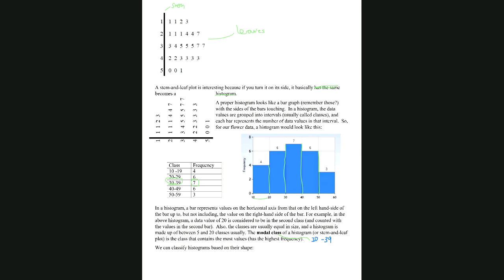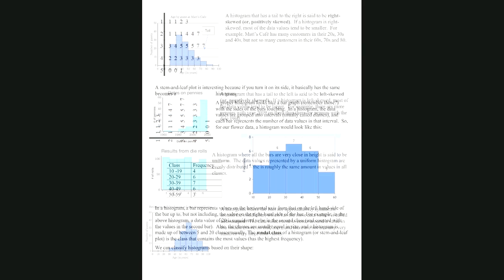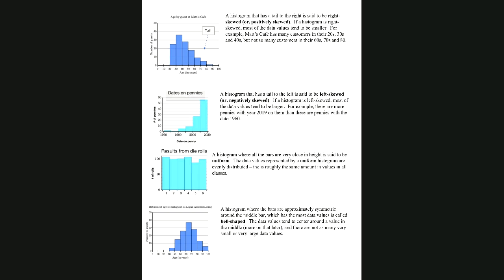All right, so we can classify histograms based on their shape. So if we have a histogram that looks like this first one, what we're going to do is call the smaller or shorter part the tail. So this is the tail of this histogram.